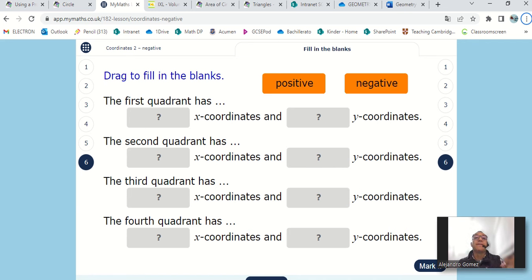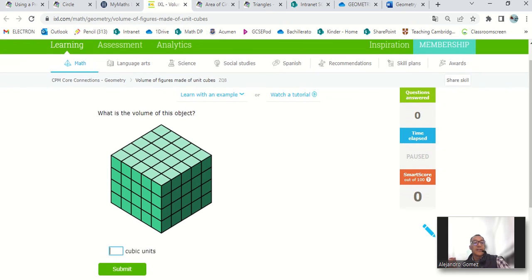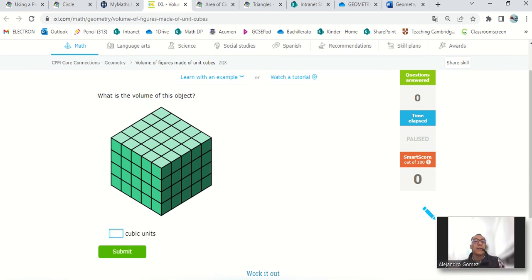And for us to review on it, I invite you to take a look at this. This link is going to ask you about the volume of each one of the objects. How are you going to calculate the volume of each? What you want to do is count. Now, is this a cube or a cuboid? Let's see. So we have 1, 2, 3, 4, 5 on the depth, I want to call it depth.